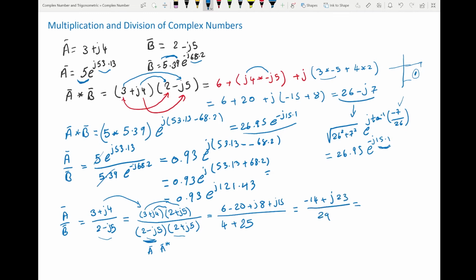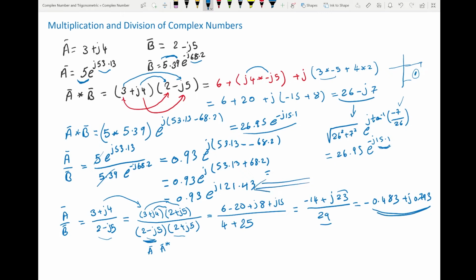And if I carry out this division, now I can divide 14 by 29 and I will get -0.483, plus j23 divided by 29, that's 0.793. This is the answer in rectangular form, and it will be exactly the same as this answer in the polar form.